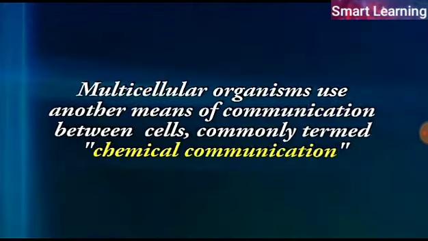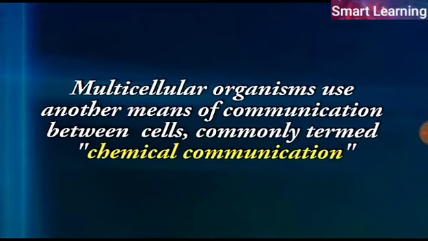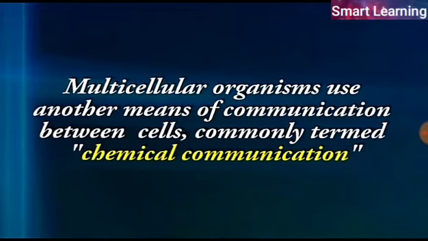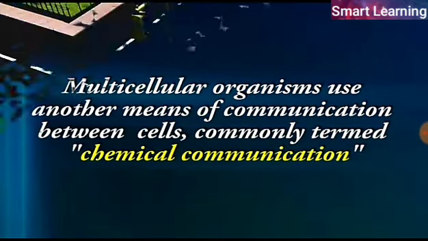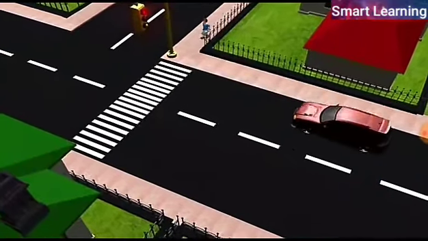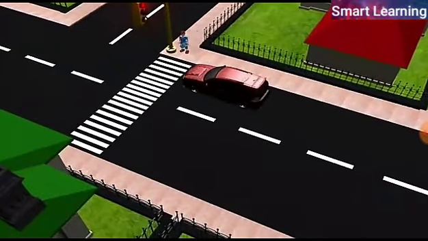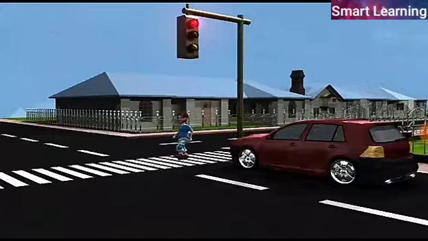So most multicellular organisms use another means of communication between cells, commonly termed chemical communication. The stimulated cells release a chemical directly into the blood.